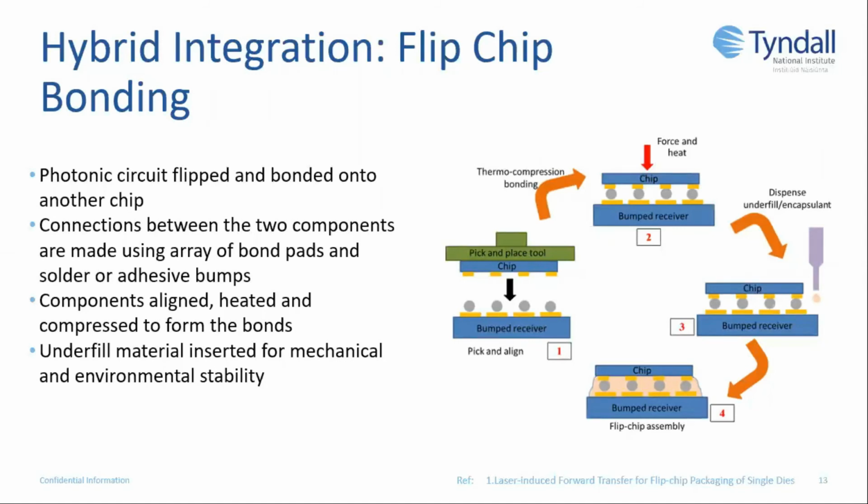So the gain chip is aligned to the silicon photonics chip, and then by being heated and compressed, the bonds are formed between the chips. And then to reduce thermal stresses occurring, an underfill is dispensed between the gain chip and the silicon photonics chip. This underfill is a polymer material.